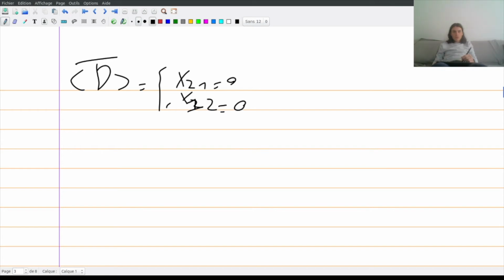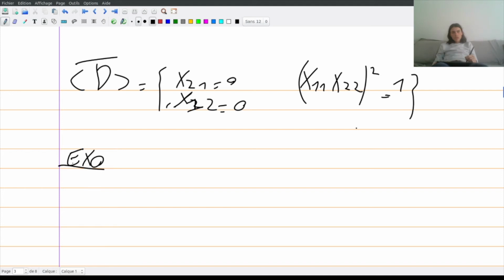So the off-diagonal coefficient has to be 0, and the diagonal coefficient just satisfies the following equation. And so you can very concretely find the relation satisfied by the entry of the matrix.